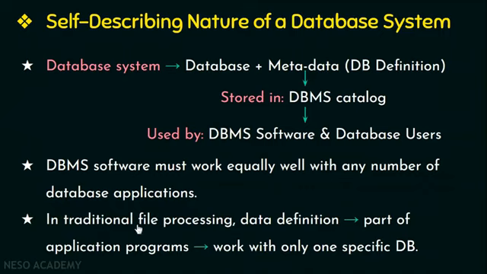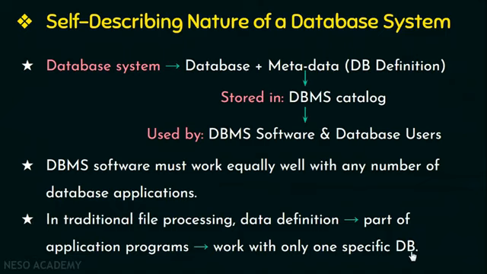Whereas in the traditional file processing, data definition, or what we call as metadata in DBMS, is part of the application programs itself. So they work with only one specific database application because the structure is declared in the program itself. Unlike DBMS, they cannot work with more than one database application.